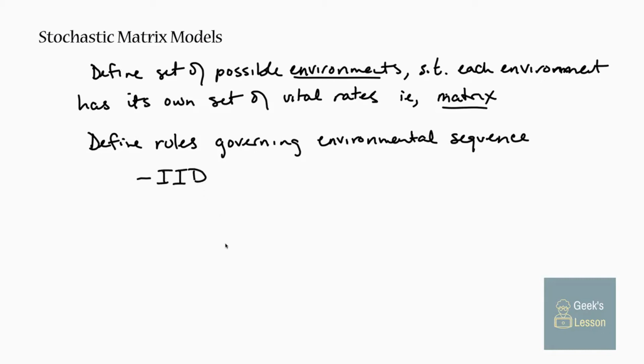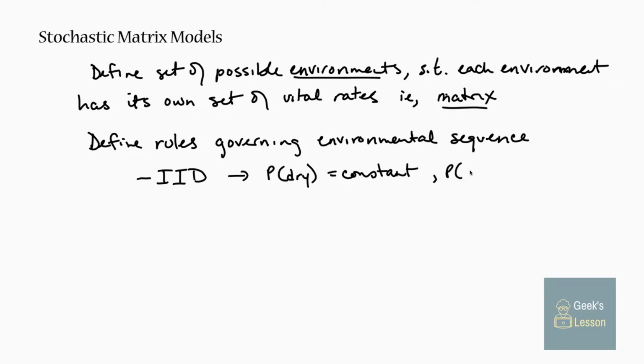IID environments, independent and identically distributed, which I always forget which I is which, which basically just means that the probability of a dry year is constant. So every year there's some probability of getting each environment. If you have more than two environments, each one would have a constant probability of being the environment in a given year.